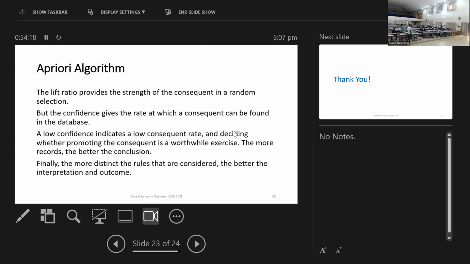Remember, the one with the highest lift has the lowest support, 20%. While for the other one, the lift was more than 1, and it had a support of 40%. So all that I was saying is that it depends upon the way you argue, but both of them are correct.